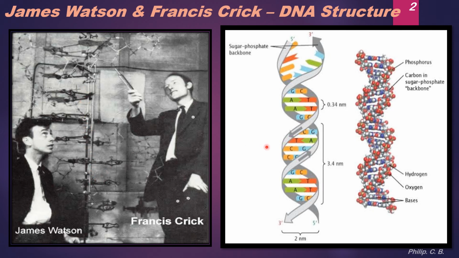And later on we can see the actual model which they had thought about. Here you can see the DNA structure with the sugar phosphate backbone, the size 0.34 nanometer, 3.4 nanometer, that is the coiling part, and you can see phosphorus, carbon in the sugar phosphate backbone, hydrogen, oxygen and the bases.